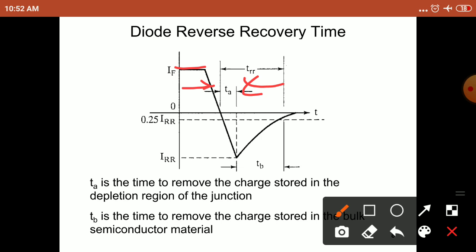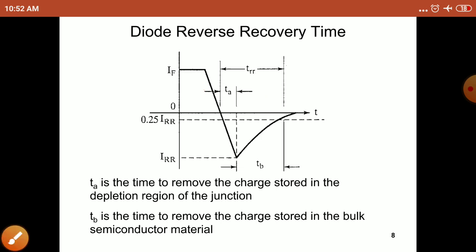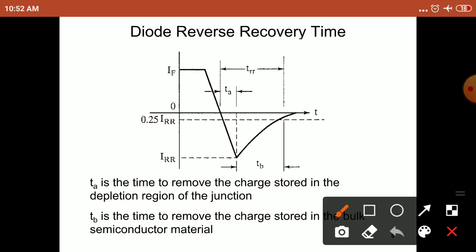And Tb is the time to remove the charge stored in the bulk semiconductor material. From here to here, Tb is the time required to remove the charge from the bulk semiconductor material, and Ta is the time taken to remove the charge stored in the depletion region.